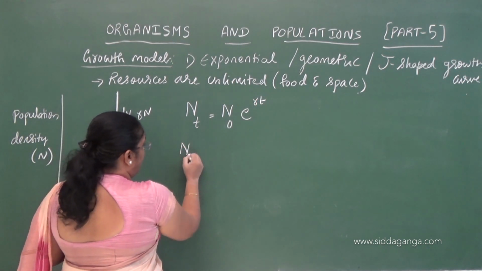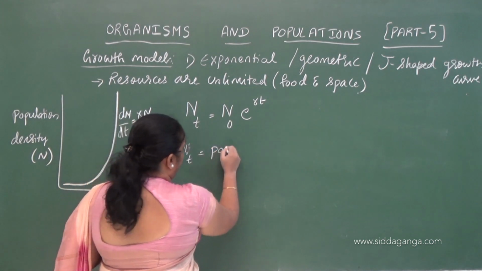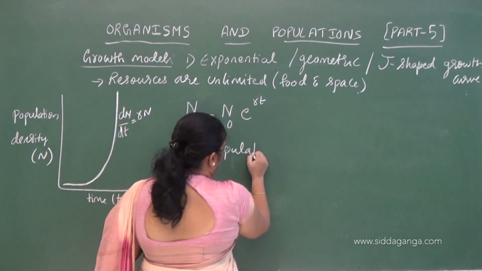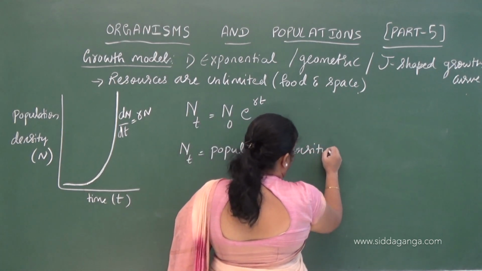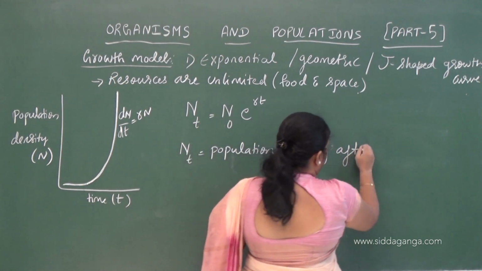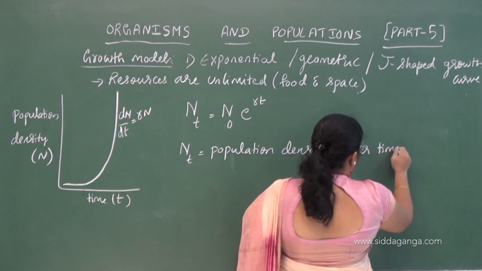here Nt is population density after time t.